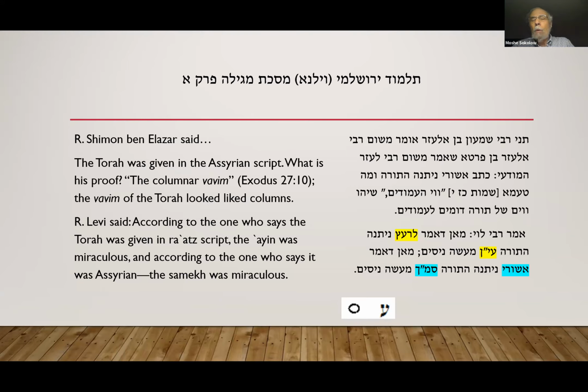So indeed, what we have here is a machloket, a difference between two Talmuds. And it's very interesting because the Babylonian Talmud is the one that gives priority to the Assyrian alphabet, while the Jerusalem Talmud is the one that gives priority to the Hebrew alphabet.